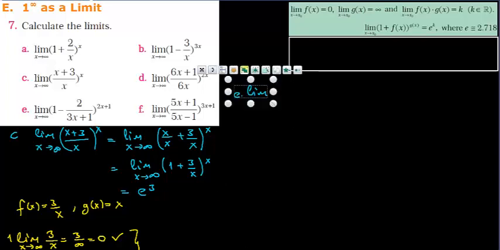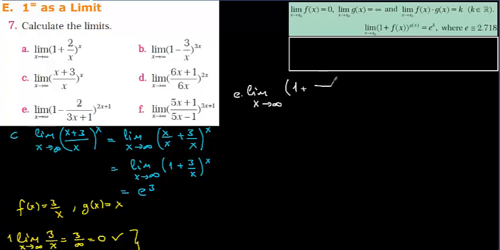I'm going to change the color not to make mistakes later. The limit as x tends to infinity of 1 plus, instead of that, minus 2 over 3x plus 1, I'm going to write. This is going to be f(x), and 2x plus 1 is going to be equal to g(x). We are looking for this expression, and this is equal to e to the power of k.